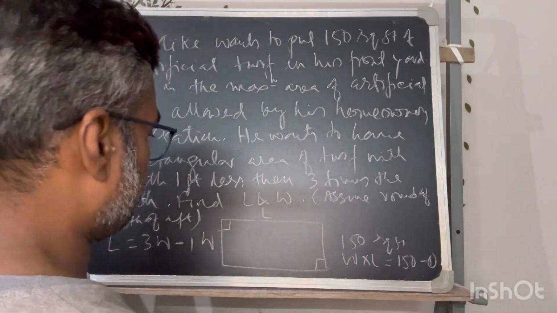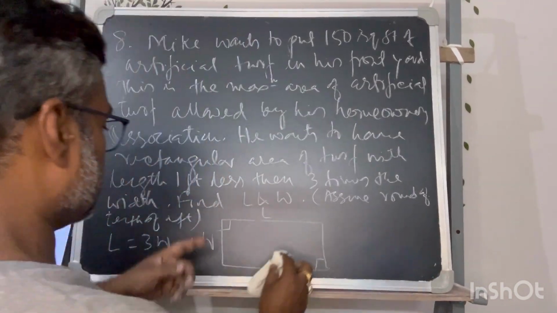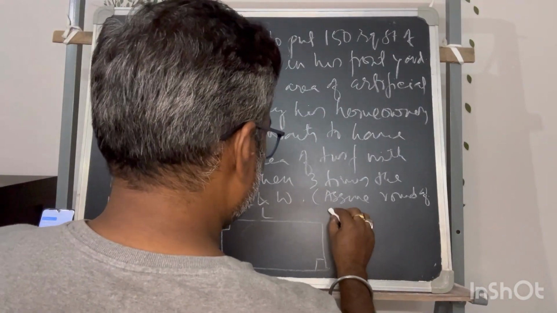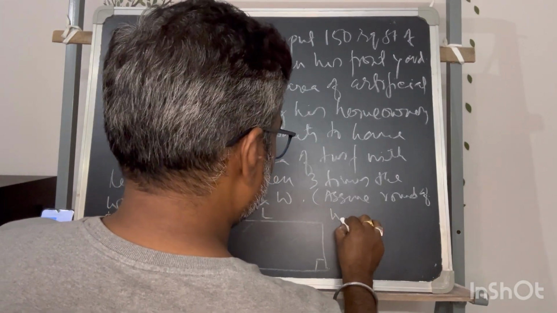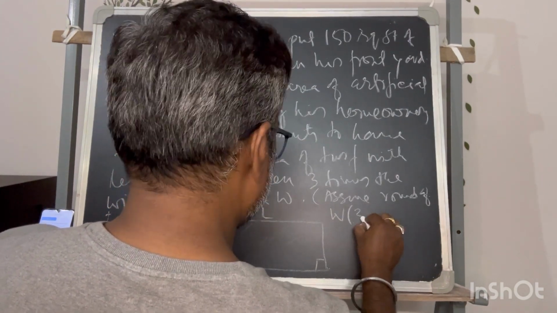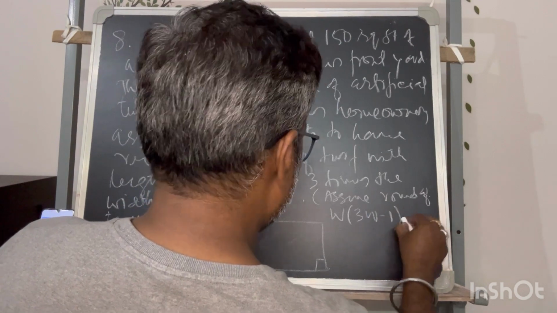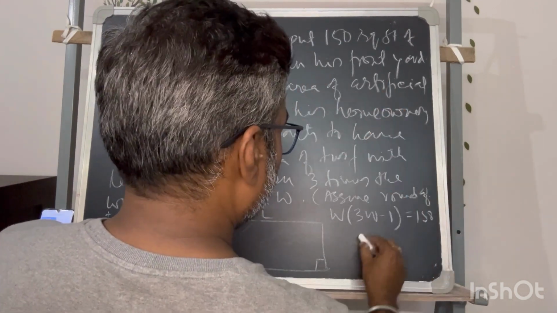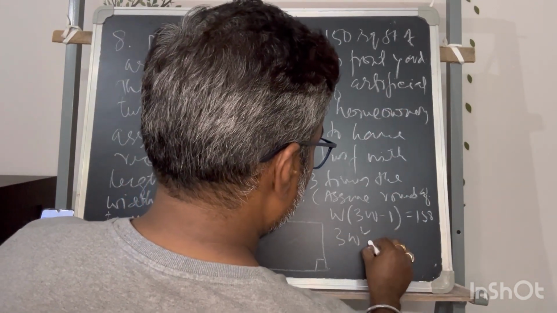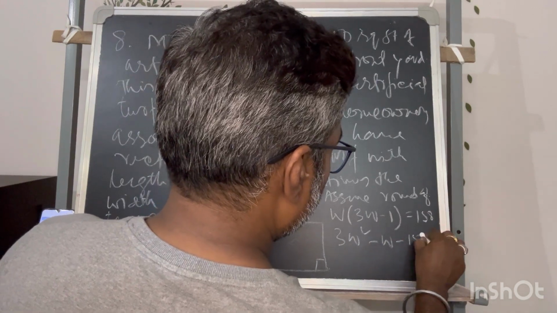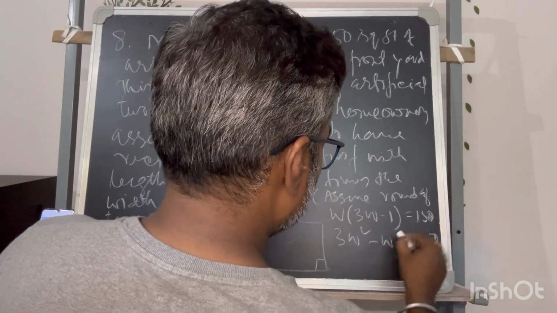If you would like me to solve it, I will, because I will show how the approximation comes later. So W into L, where L is equal to 3W minus 1, is equal to 150. So 3W squared minus W minus 150 is equal to 0.